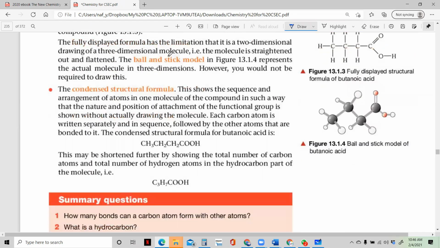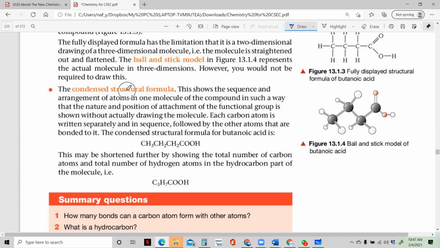We're not going to do the ball and stick model, unfortunately. The ball and stick is like a kit. If you want, you can explore it by using Play-Doh and matchsticks, or they actually have a kit called the ball and stick kit. So you can explore that.